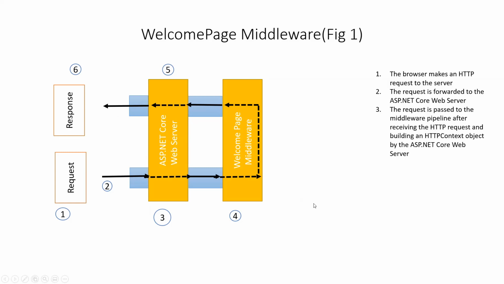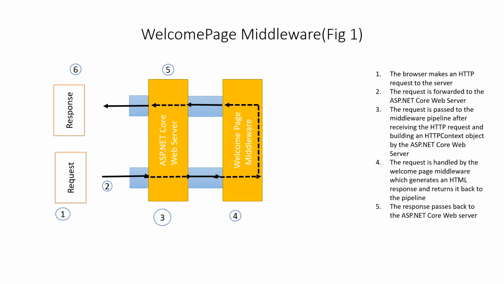The request is passed to the middleware pipeline. After receiving the HTTP request and building an HttpContext object, just for revision, the request is handled by the welcome page middleware, which generates the HTML response that returns back to the pipeline. Then the response passes back to the ASP.NET Core web server, and the response containing the HTML is returned to the browser.